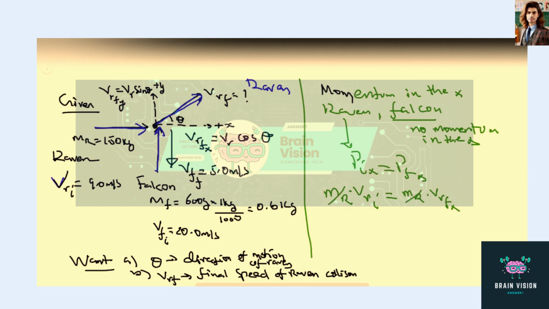The m's cancel out. We can replace the final velocity of the raven by VR cosine of theta. So this is our initial step. That's the behavior of the system in the momentum in the x direction. We're using the law of conservation of momentum.